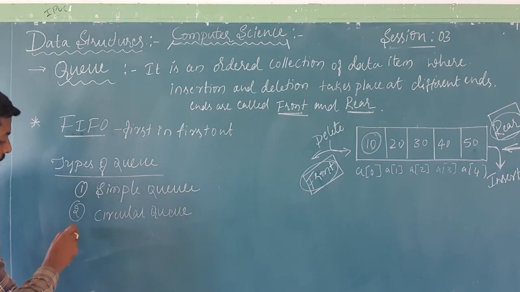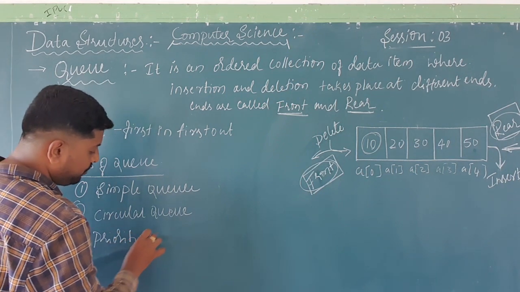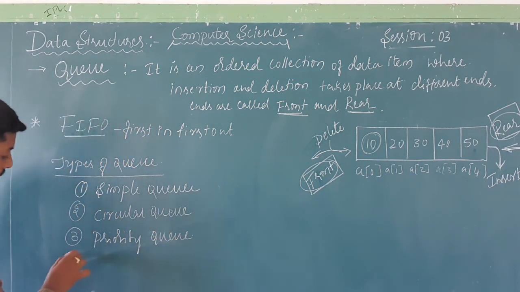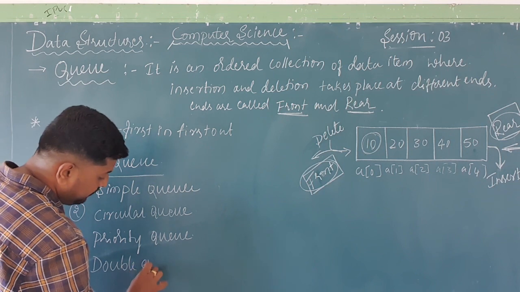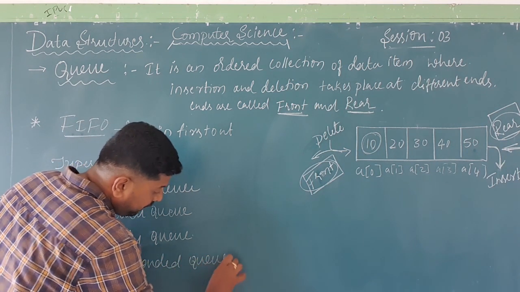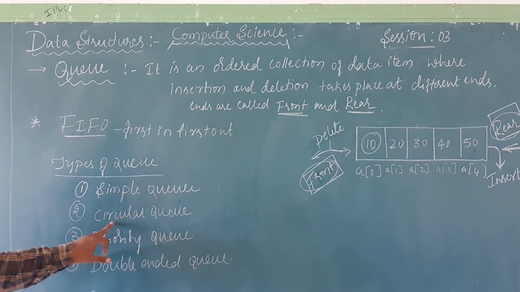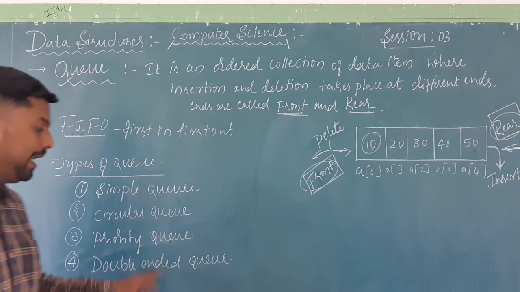The third one is the priority queue. And the fourth and final one is the double-ended queue. Simple queue, circular queue, priority queue and double-ended queue.